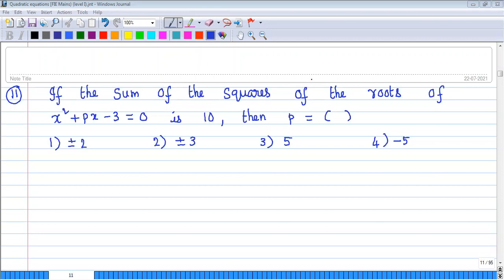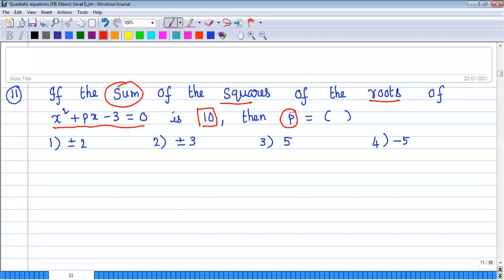Okay, let us solve this question now. The sum of the squares of the roots of x square plus px minus 3 is equal to 0 is 10. Then we need to find the P value.